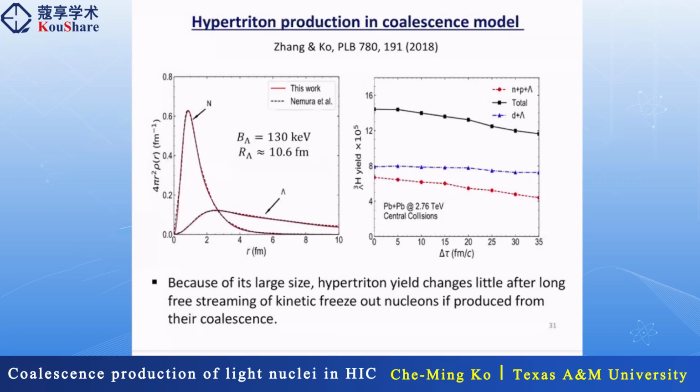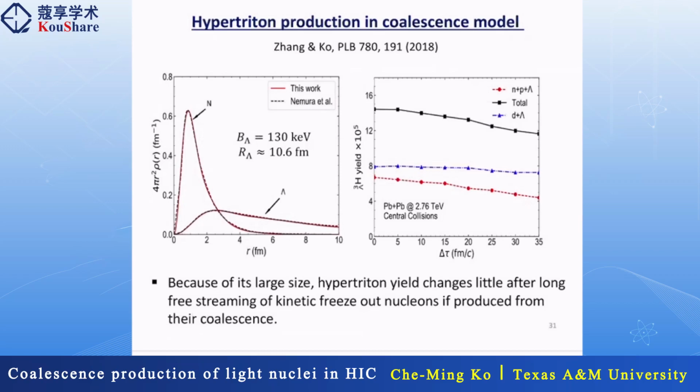Therefore, for the coalescence model, Zheng Zhang showed hypertriton is insensitive to the kinetic freeze-out. That's the hypertriton number. You start the coalescence at 15 Fermi over c, you don't do anything. After 15 Fermi, the proton, neutron, lambda are free streaming. Then you do the coalescence, and it changes very little, because of the large size.